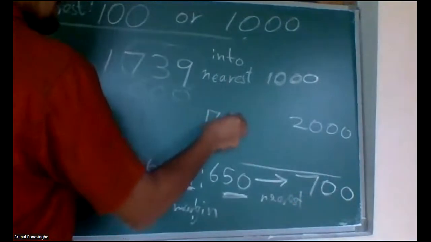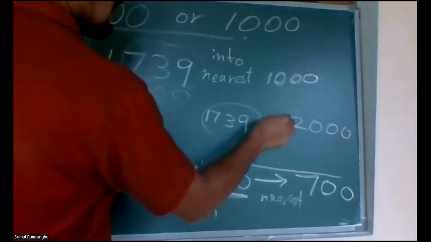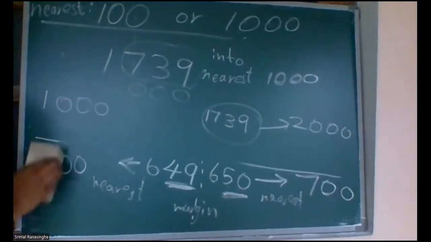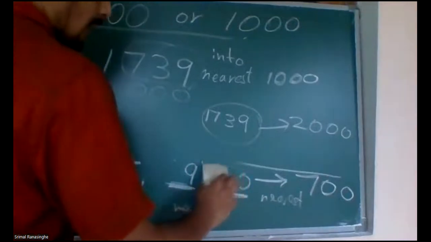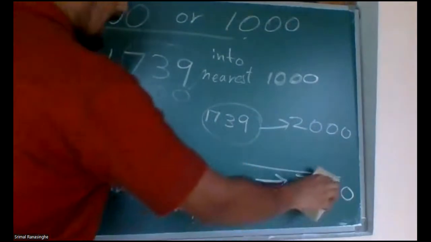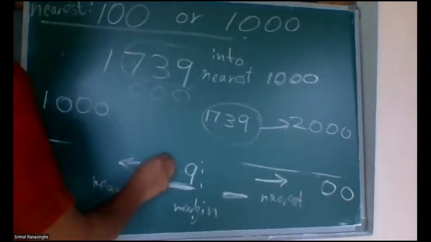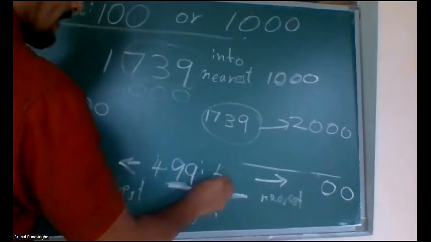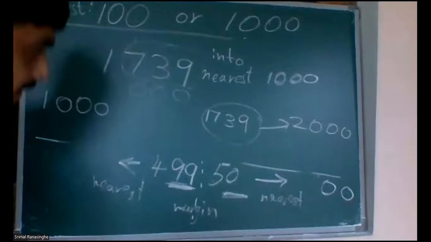1739 nearest to 2000. What is the margin? 499 and 500. Very good. What is the margin? 499 here is the margin, and 500.